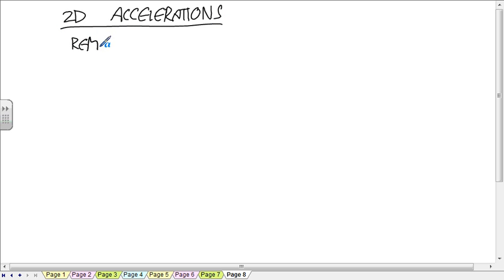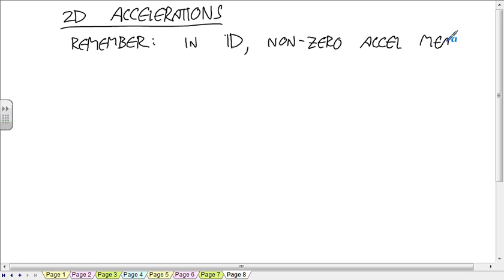Remember that in 1D, a non-zero acceleration meant one of two things. Either the object is speeding up or the object is slowing down.